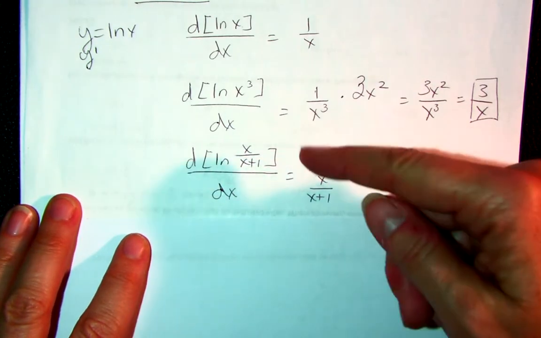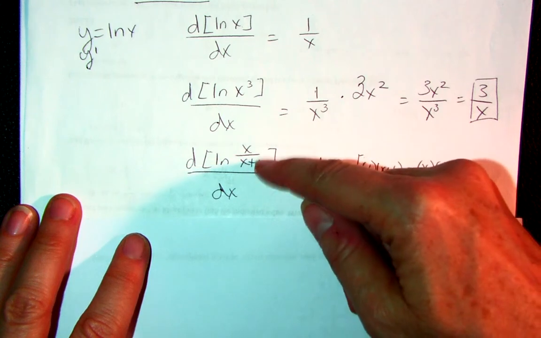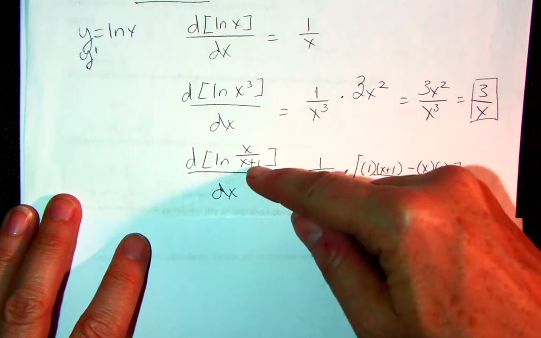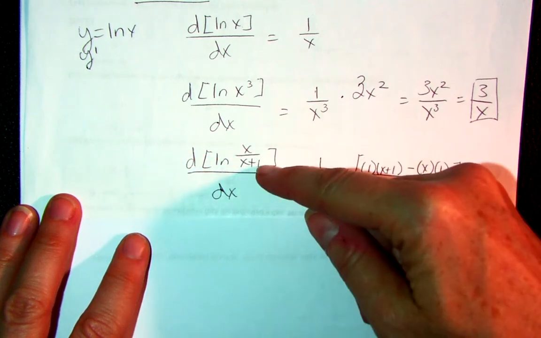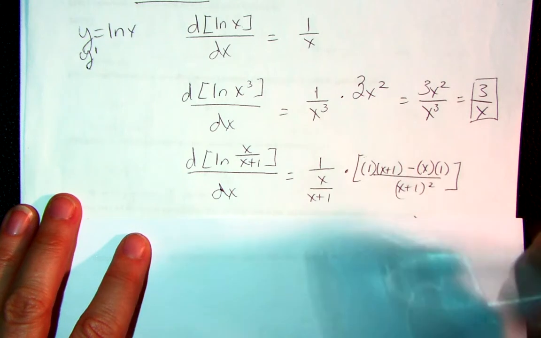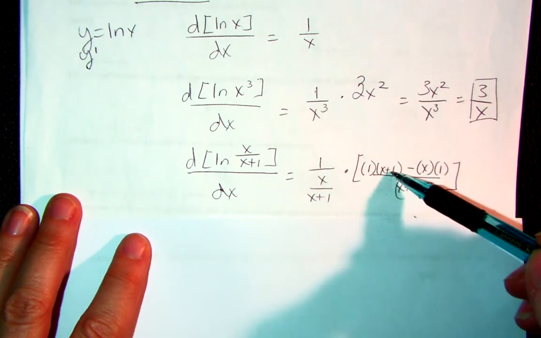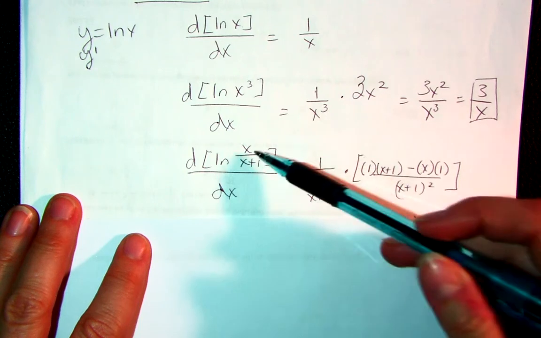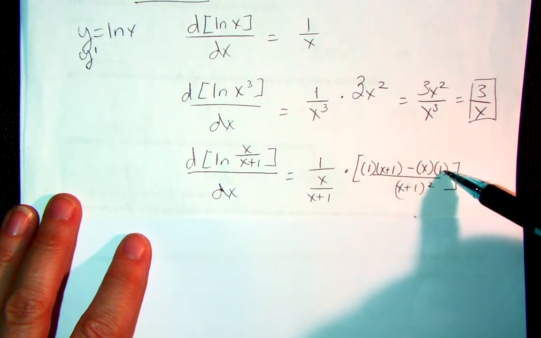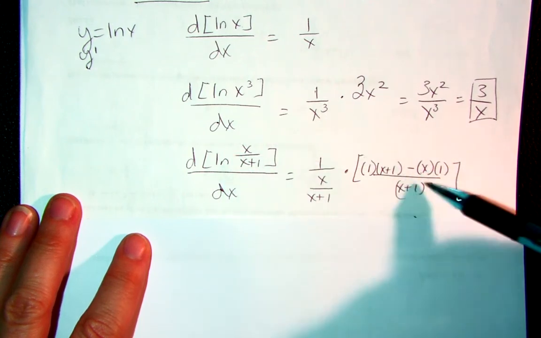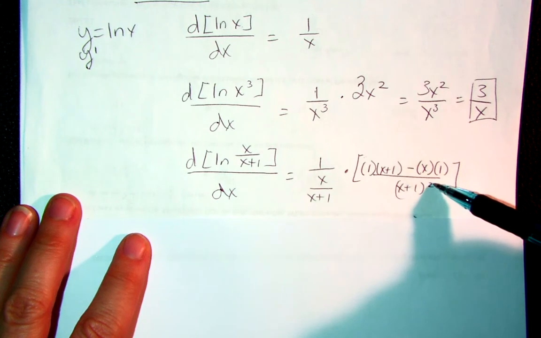And then I'm going to do the chain rule, and take the derivative of the inside. The inside happens to be the quotient rule. So I take the derivative of the top times the bottom function minus the top function times the derivative of the denominator, all over the denominator squared.